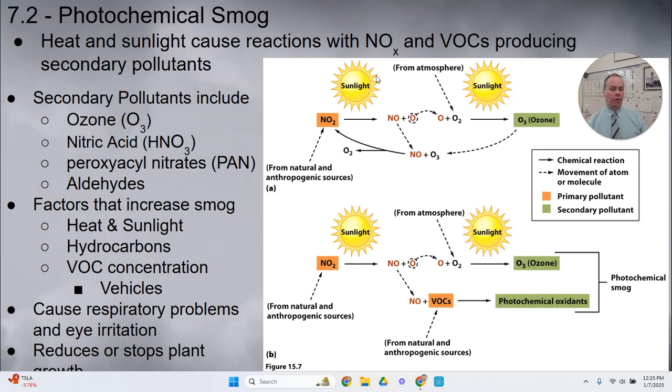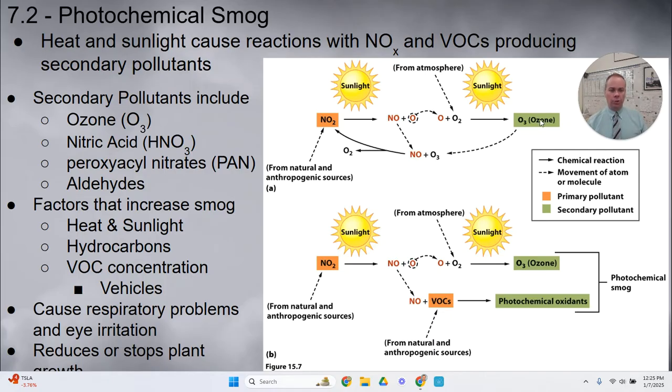Then the ultraviolet radiation from the sunlight causes the breakdown. One of those oxygen atoms is stripped off of the nitrogen dioxide, and it combines with oxygen, and that forms O3. O3 is ozone.